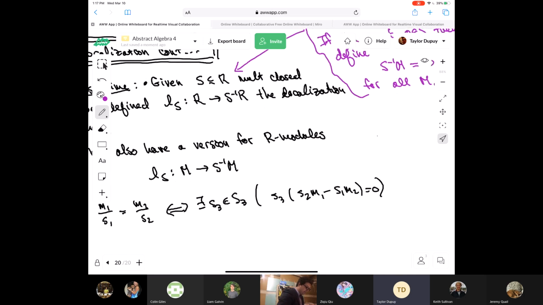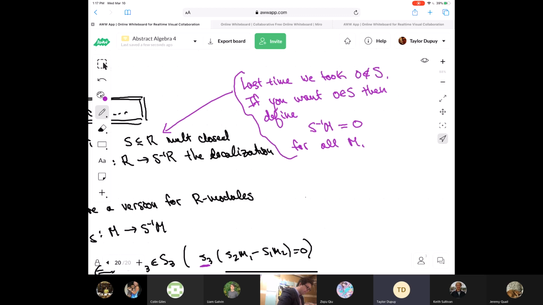Essentially, if you allow 0, then you essentially kill everything by this little property here.